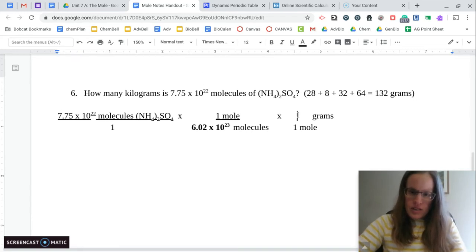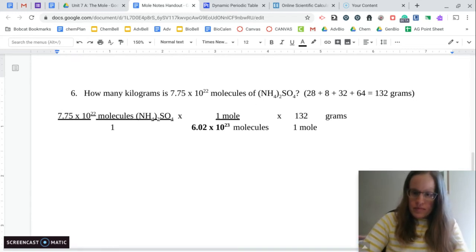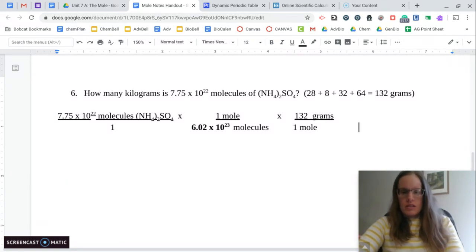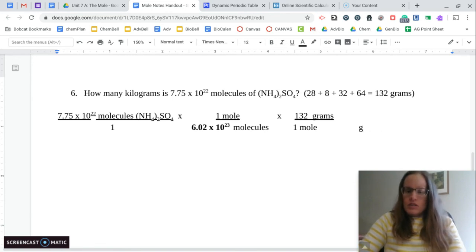So I will plug that in here. All right, so now you think you're finally done, right? Well, if you go back and double check yourself, they want to know how many kilograms there are, and we're still at grams. So we still have to do one more step. This is one of your metric conversions. So I'll just put G because that's what we would normally put.